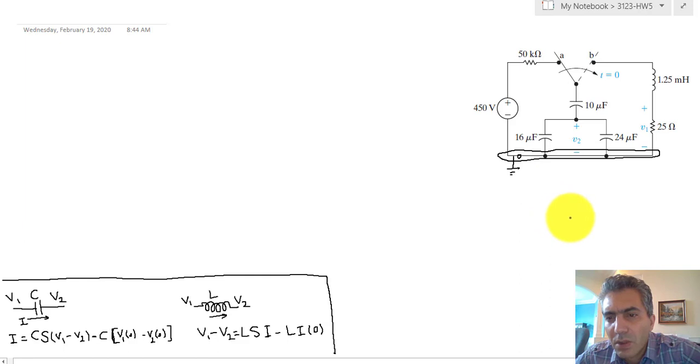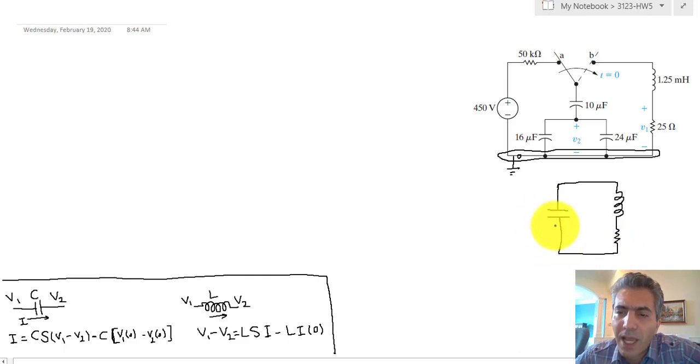So to redraw the circuit, we're gonna turn all of those capacitors into one capacitor with an initial voltage of 450 volts, and then since the switch is turned over, the source is no longer connected. So this is basically the equivalent circuit that I'm going to be dealing with.